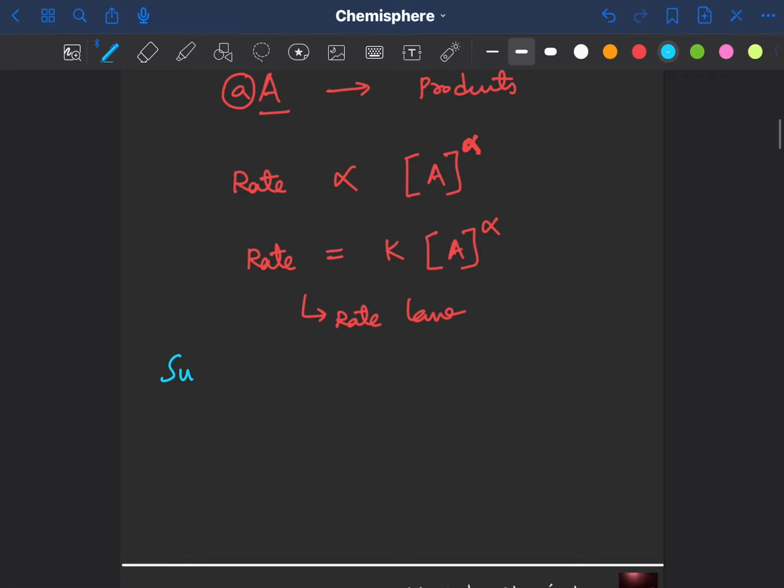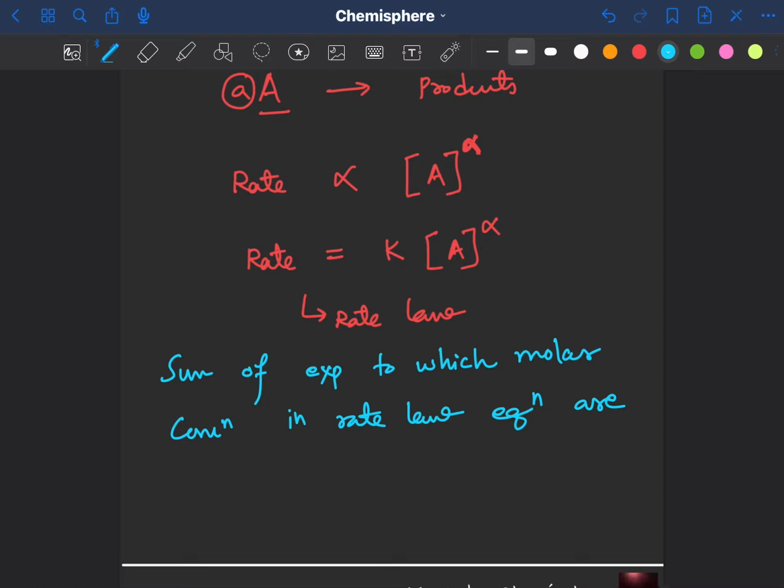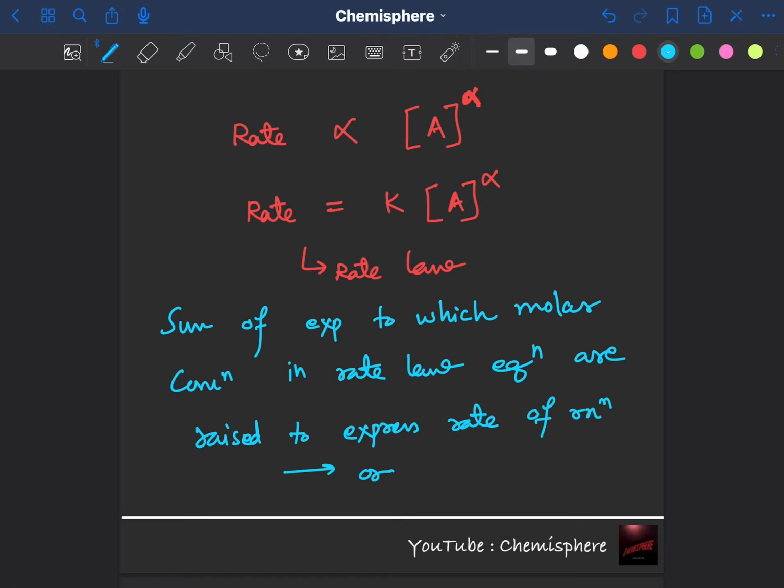So the sum of exponents to which molar concentration in the rate law equation are raised to express the rate of reaction is known as the order of the reaction.